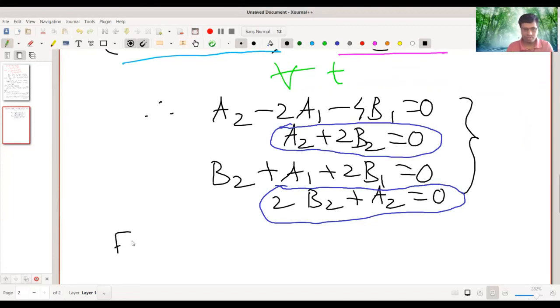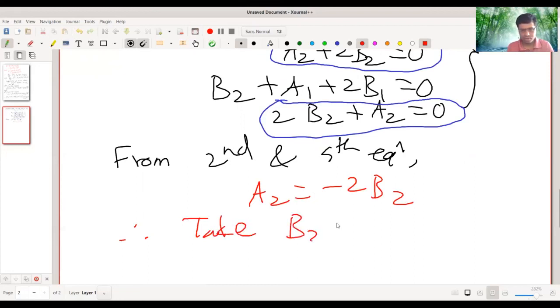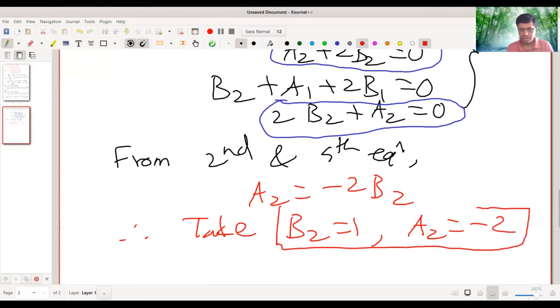So from the second and fourth equation, a2 is minus 2b2. Therefore, take b2 equal to 1, a2 equal to minus 2. Okay, so we get values of two constants a2 and b2.